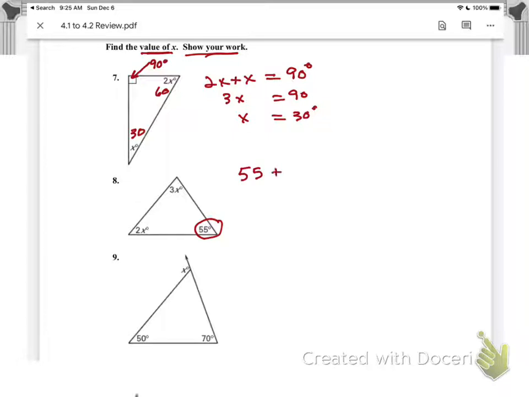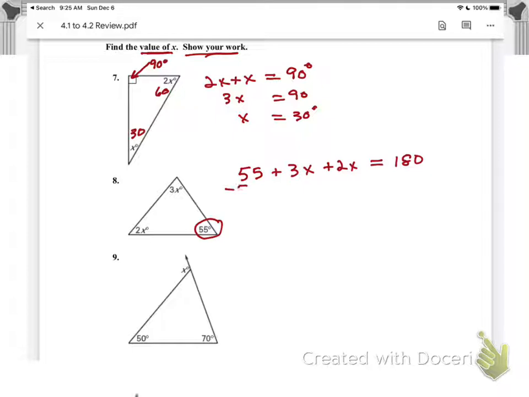So 55 plus 3x plus 2x has to sum to 180. So 180 minus 55 is going to give me 125.